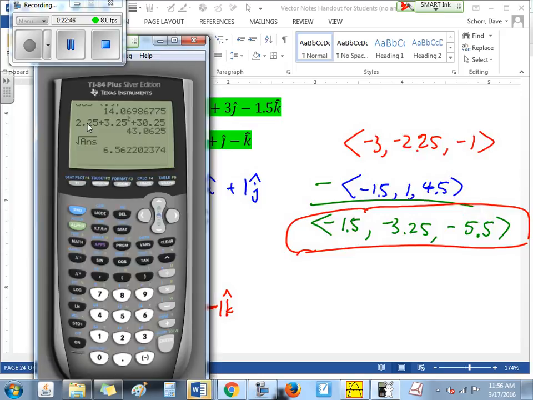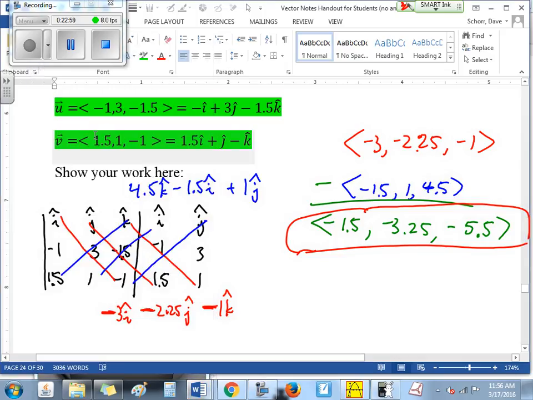I took negative 1.5 squared, plus 3.25 squared, plus 5.5 squared, and I got something like 43, and then I took the square root. It turns out the magnitude is 6.6. To me, today, that doesn't really matter too much. The magnitude of U cross V is about 6.6. I don't want to talk about what the 6.6 means today, but I do want to build this thing.